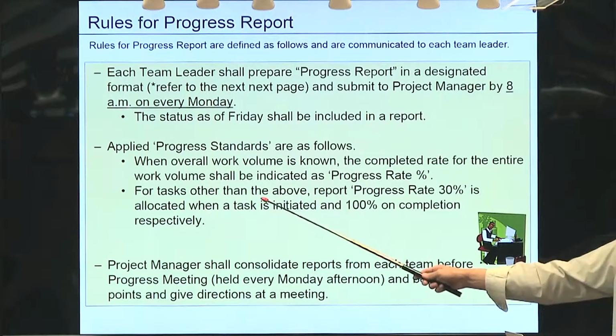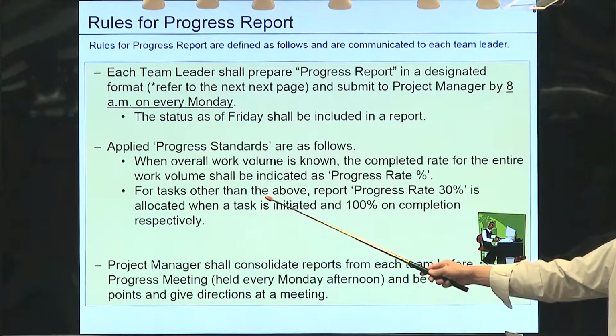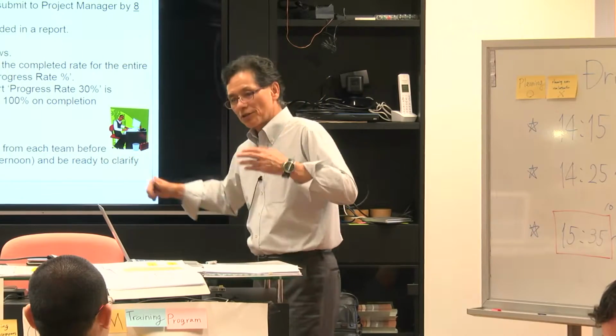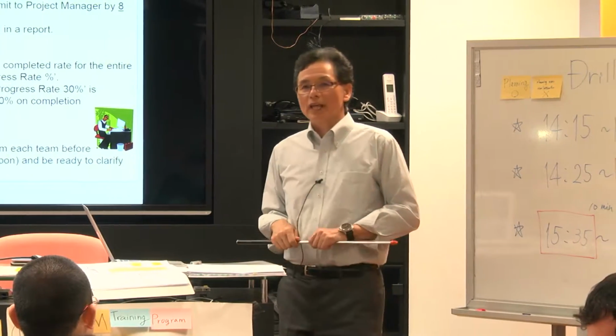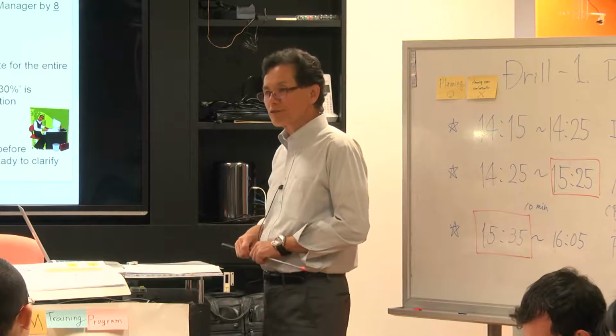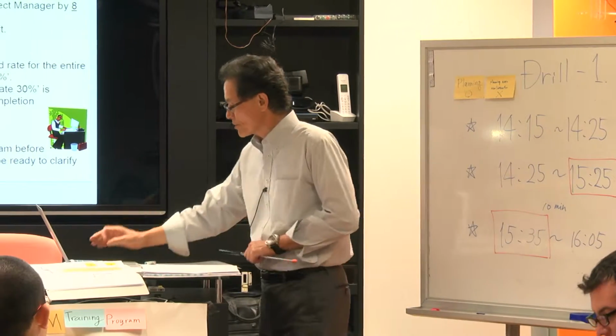If you don't know the overall volume of a task, you can apply fixed rate. Like if you start a task, 30% fixed. So you, as a project manager, get the reports and you have to review and validate, and you can clarify your questions and asking points.